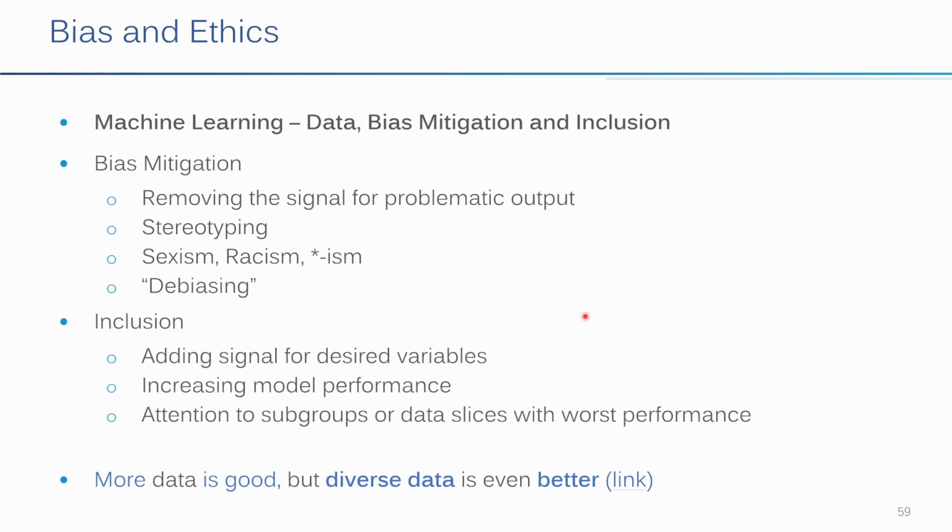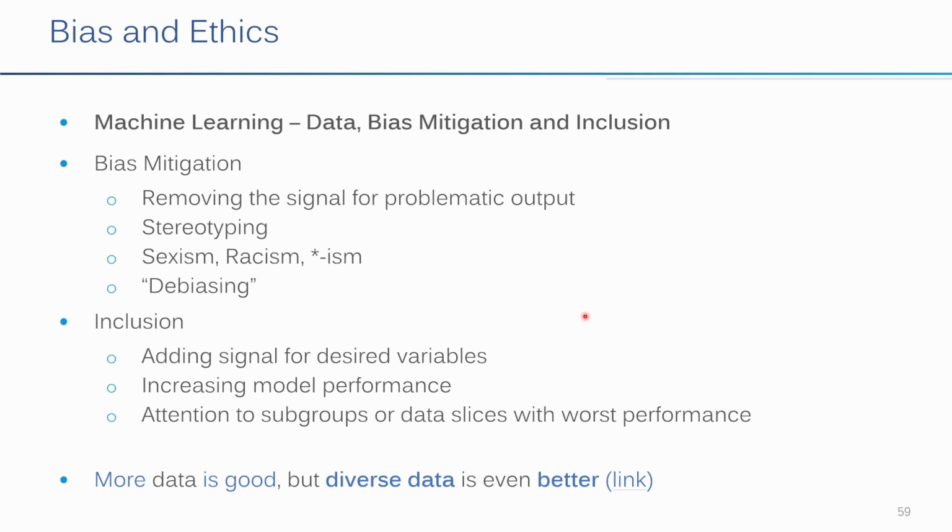But now they try to remove the signal output in a way to cope with this biased output. Of course, this is not a solution because the data and the model itself still have all the weights representing this allegedly biased aspect.